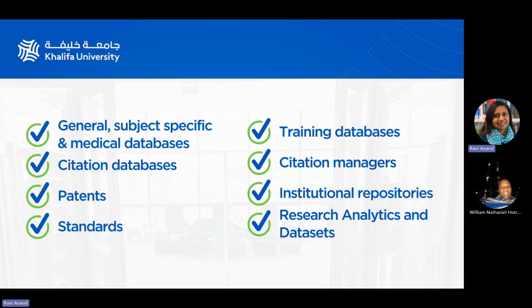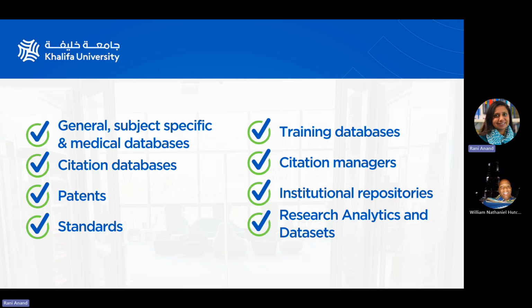The materials in these databases are in different formats, like journal articles, electronic books, conference papers, patents, engineering standards, and there are also interactive graphs, analytics, etc. So mostly these can be identified as generic databases, which have almost all subject areas, and subject-specific databases.